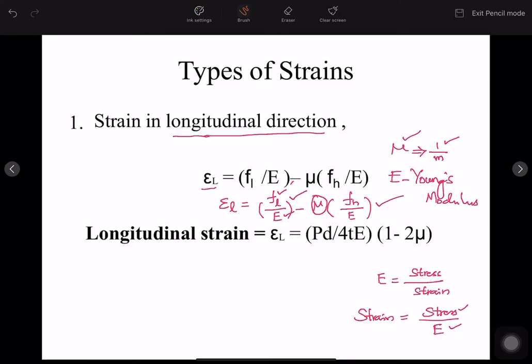After substitution of FL value and FH value, as we know, FH equals PD by 2T and FL equals PD by 4T.